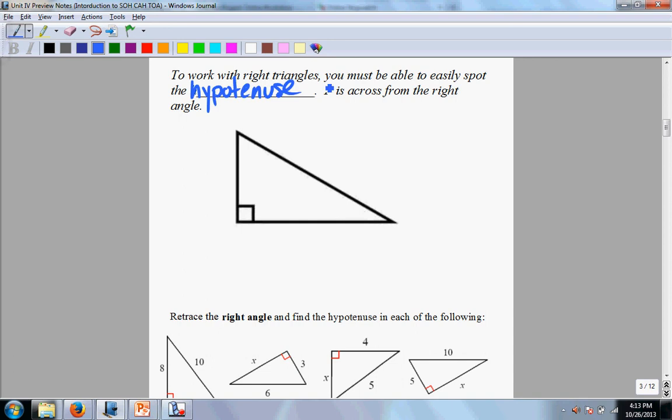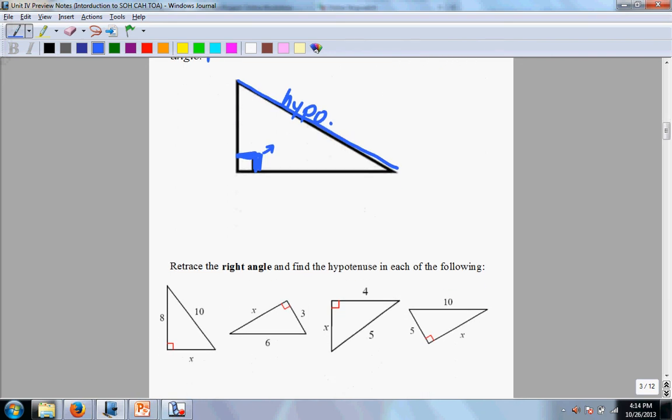The easiest way to find it, trace the right angle, physically trace, pick up your pencil and physically trace the right angle. Now draw a little arrow across from that right angle. The side that is across from the right angle is the longest side in a right triangle. That is the hypotenuse. I'm going to use the abbreviation hypo. It is absolutely critical you can quickly and easily spot the hypo in any right triangle.